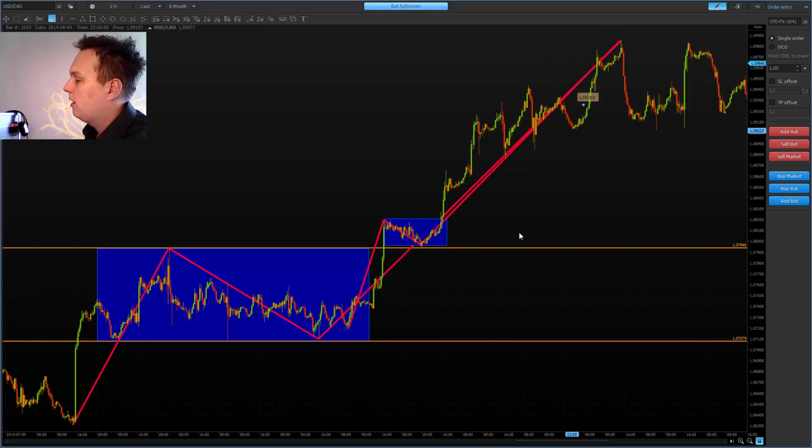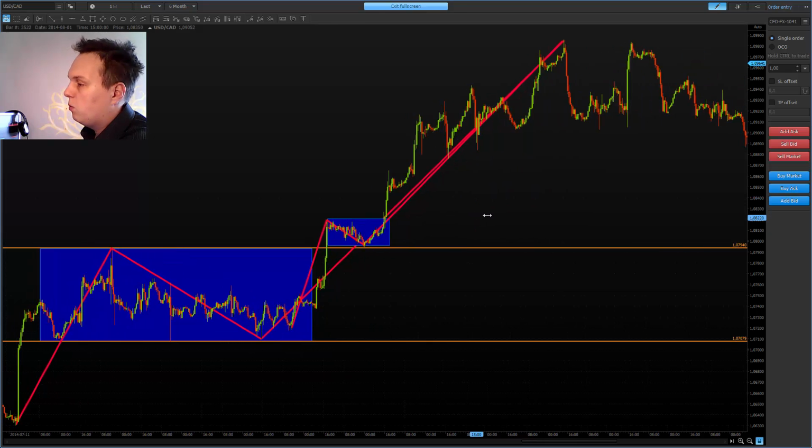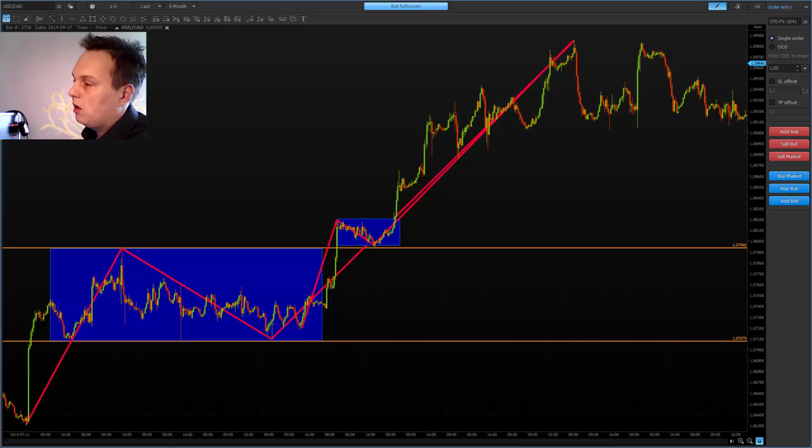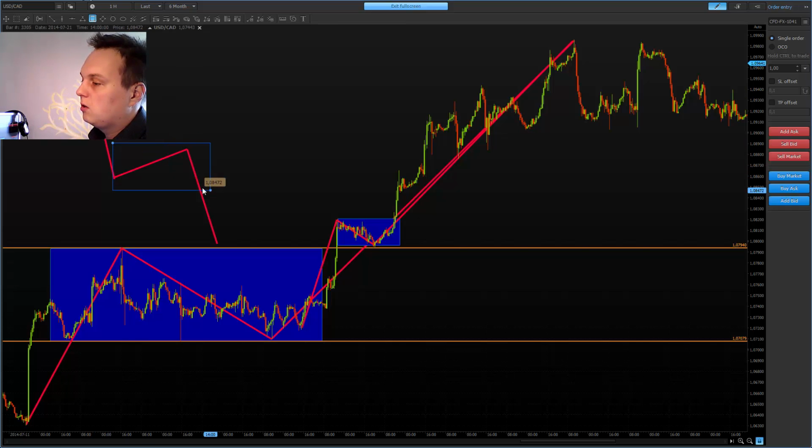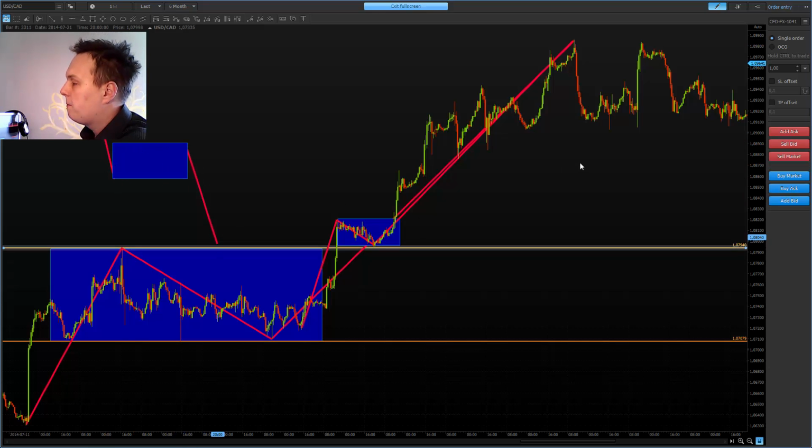And we can have it both ways. We can have it downward, so it would be drop base drop. In such a case, we look for a supply zone here. So we look for supply orders in such a base between two drops.